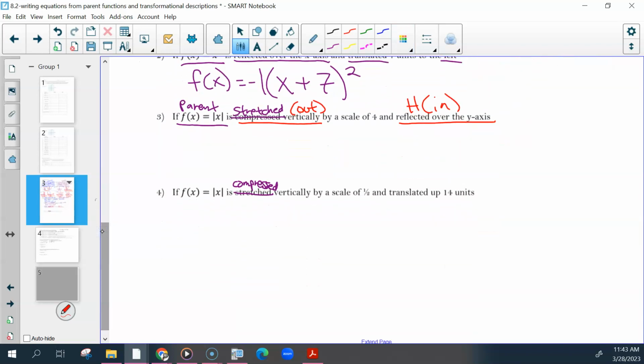So then we can start to write our equation. F of x equals the stretched vertically, that number is your A, so you're going to put that outside first. Do we have any horizontal shifts that we need to add in?